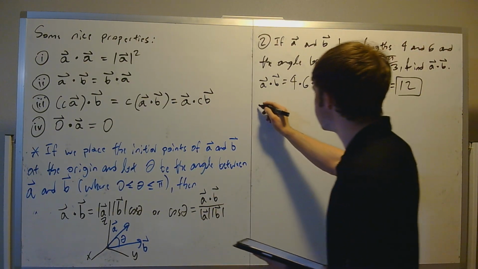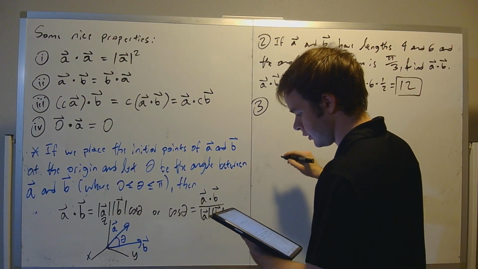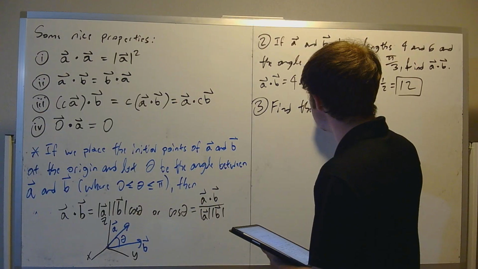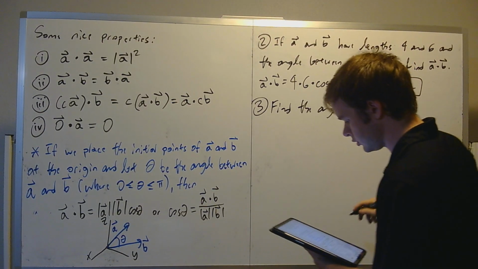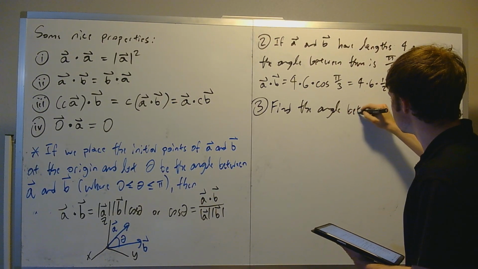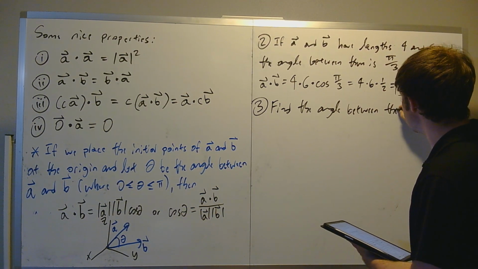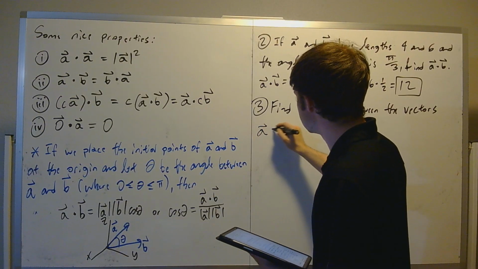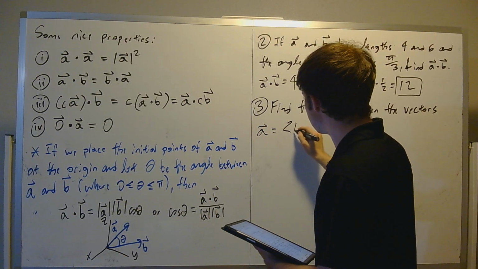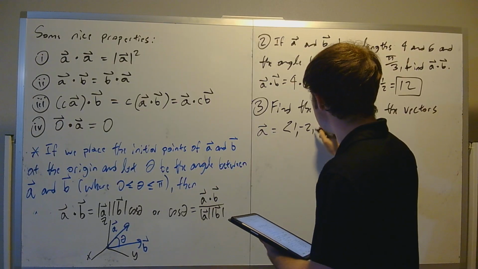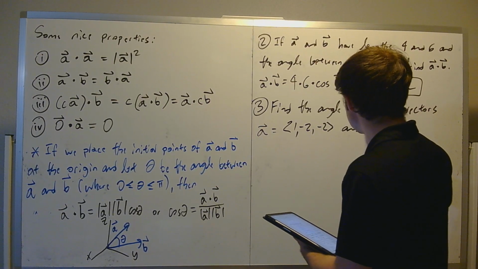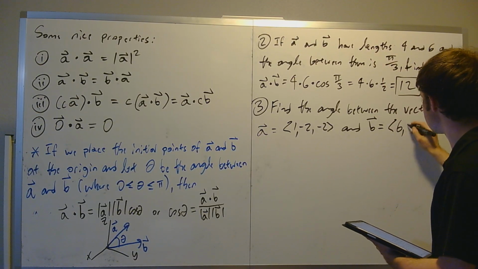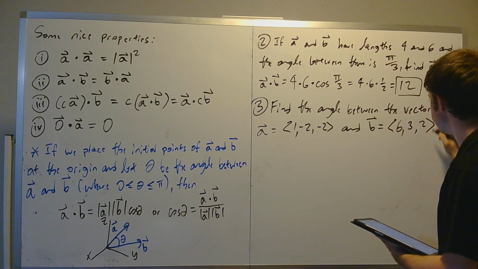So let's do example number 3, which is going to say, find the angle between the vectors A equals (1, -2, -2) and B equals (6, 3, 2).